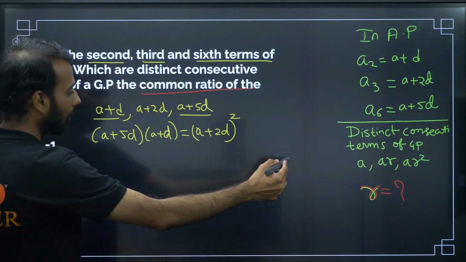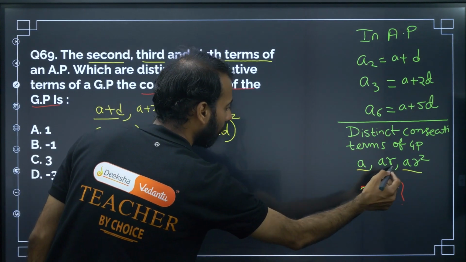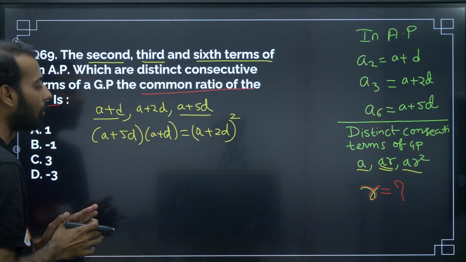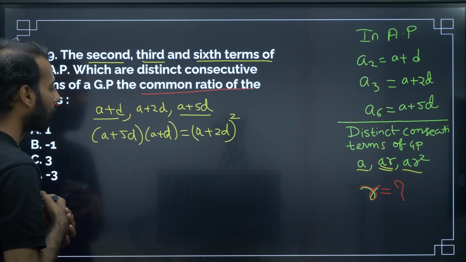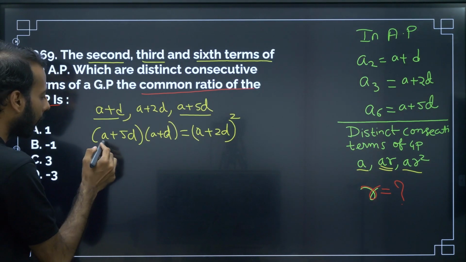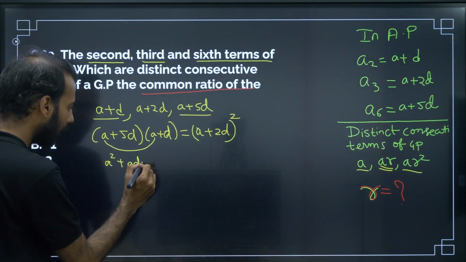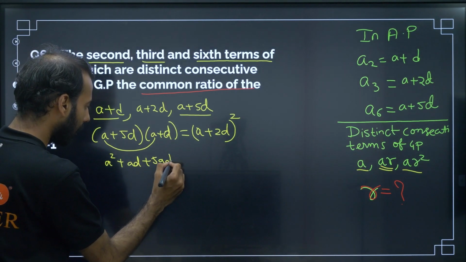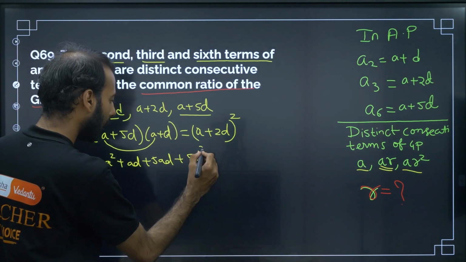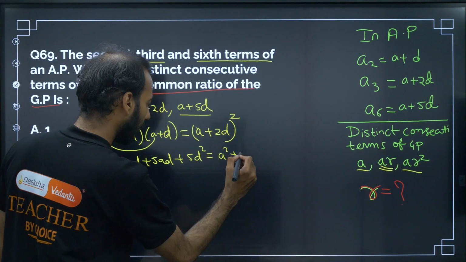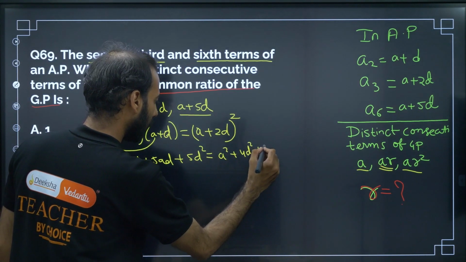So I am using that relation also. This and this I am multiplying, middle term squared. First and last term multiplied, that is the condition for GP. Now if I multiply this, a square plus ad plus 5ad plus 5d square is equal to a square plus 4d square.